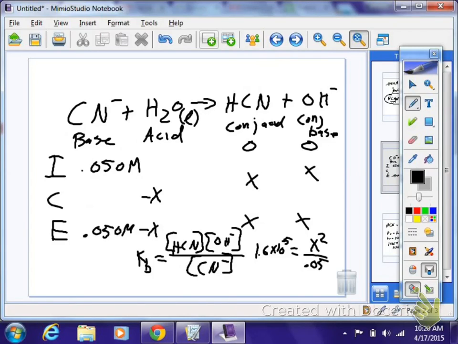Okay? So that is it, our Kb is 1.6 to the minus fifth equals x squared over 0.05. I multiply that by 0.05 and then I take the square root of it.